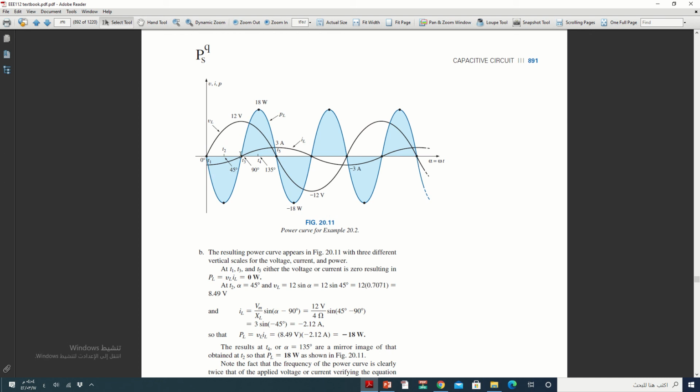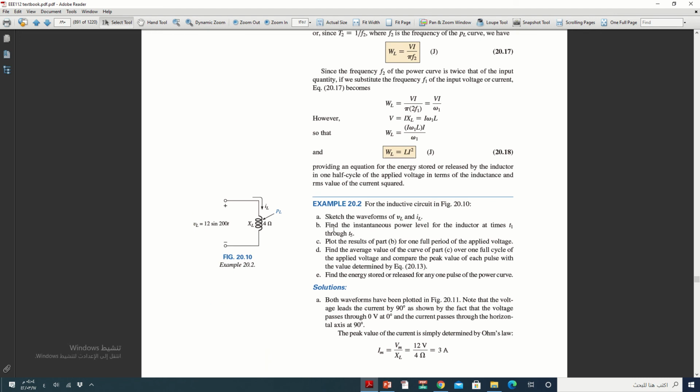It lags VL. IL lags VL by 90 degrees. Now find the instantaneous power level of the inductor at times t1 to t5. After that, plot the result.